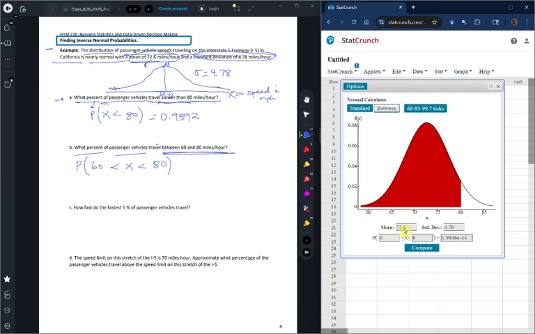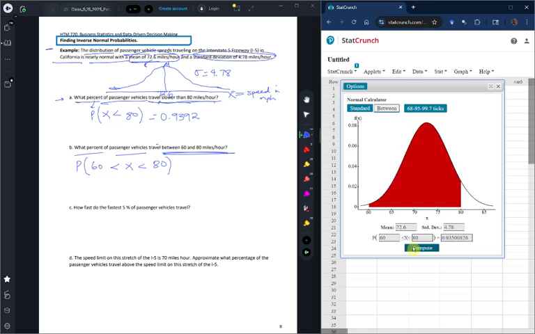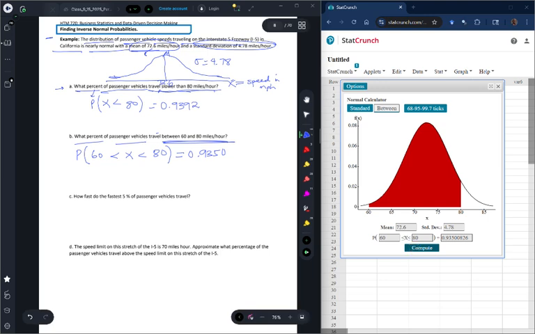I still have my parameters retained by StatCrunch, and I only need to indicate the lower end, which is 60, and the upper end, which is 80. And I have 0.9350.